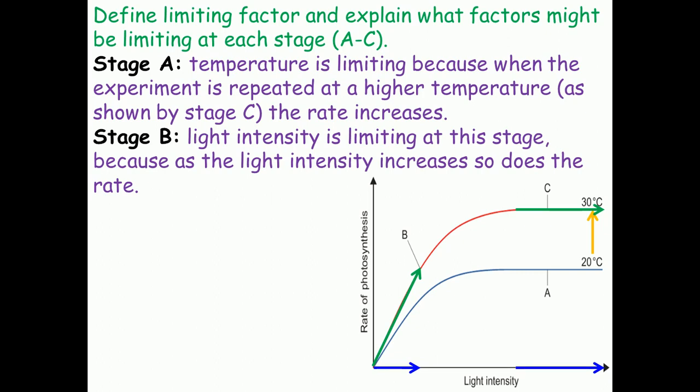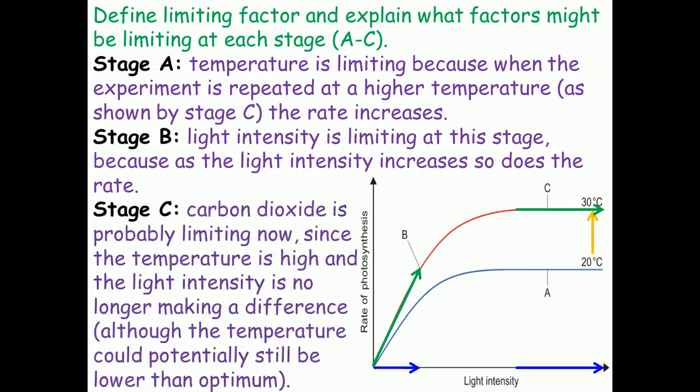So it can't be light intensity that's the limiting factor at C. So it must be carbon dioxide. It could also be temperature, because we might not have reached the optimum temperature yet. So a temperature above 30 might also increase the rate of photosynthesis, but most likely it is carbon dioxide.